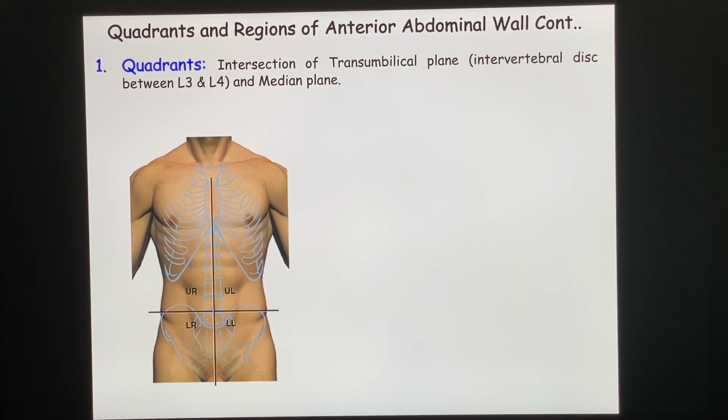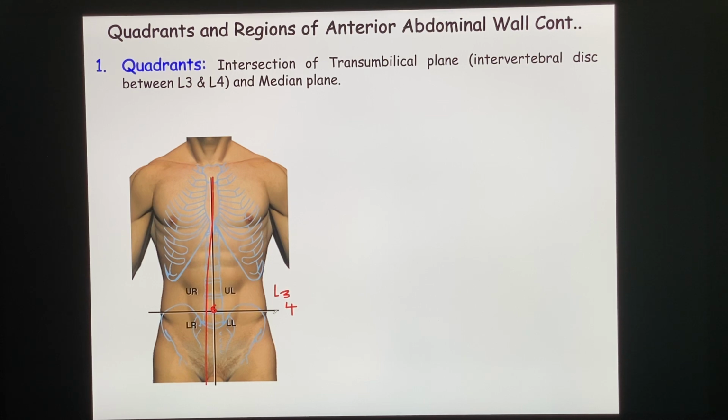So these are the quadrants. They are basically the quadrants, and the regions are divided by means of planes. Right in the center we call it the median plane or mid-sagittal plane. While this is the umbilical region, actually the umbilical region is seen between the vertebrae L3 and L4 in a lean person, not in a person with a big paunch, where the muscles are very lax.